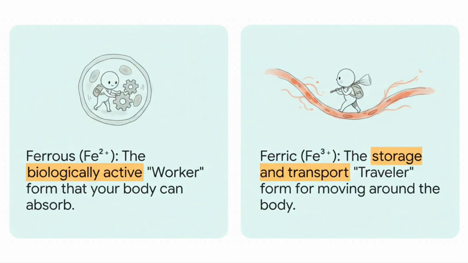Transferrin binds to iron in the ferric state and serves as the principal transport protein, delivering iron safely to tissues while preventing free iron mediated oxidative damage. Only a very small fraction of total body iron circulates in the plasma at any given time, but this pool is metabolically very critical.